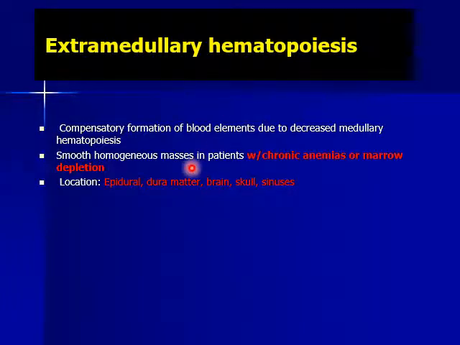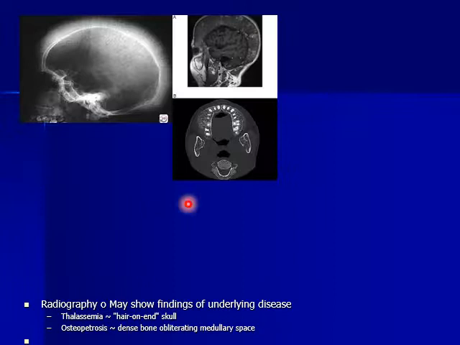It represents compensatory formation of blood elements due to decreased medullary hematopoiesis. They present as homogeneous masses, but usually we have the history that the patient has chronic anemia. Usually we see it in the brain, in the epidural, dural matter, brain substance itself, skull, and sinuses. Let us see.